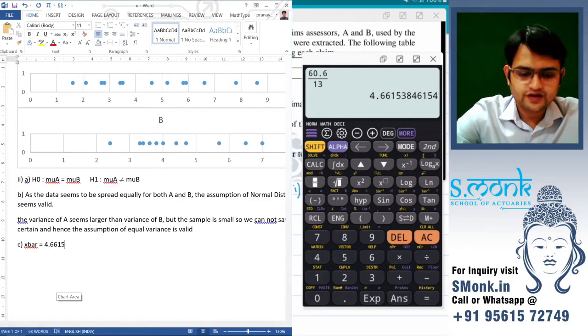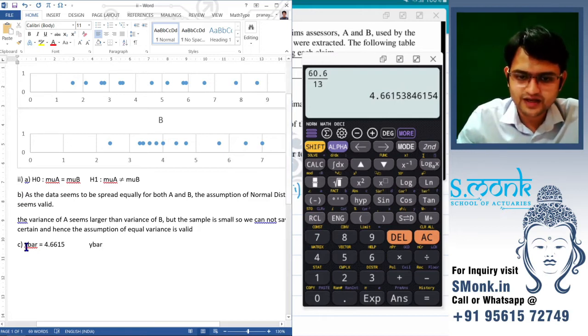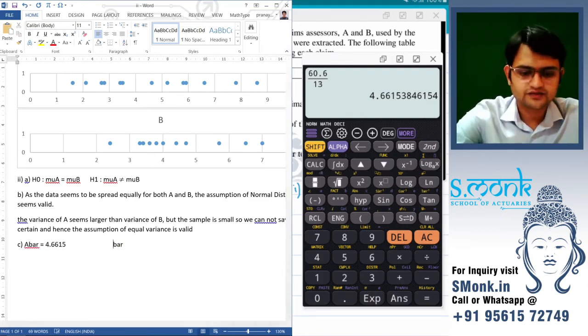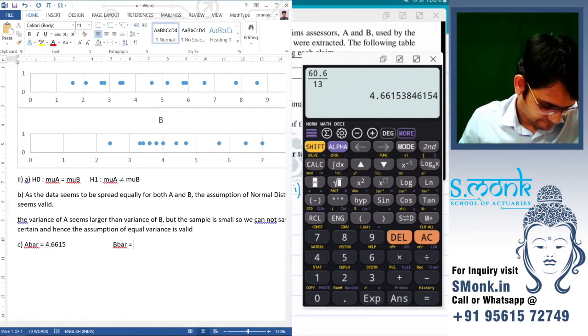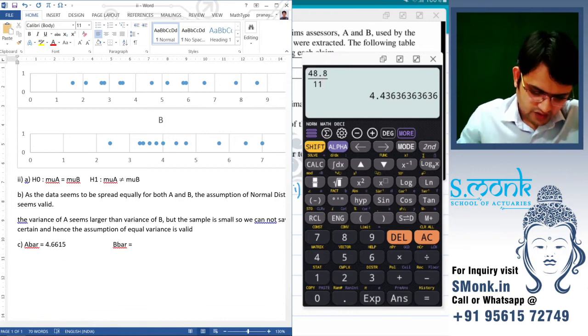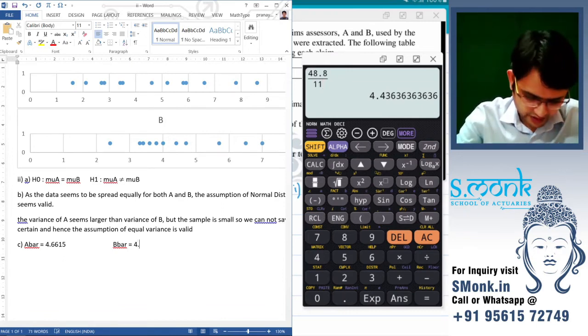Then we will also find y bar. Actually we have A and B, right? So instead of x bar and y bar, I'll say A bar and B bar. That would be more appropriate. B bar is equal to 4.4364.